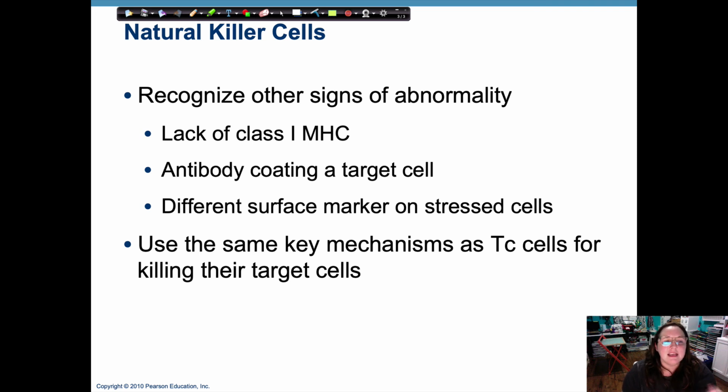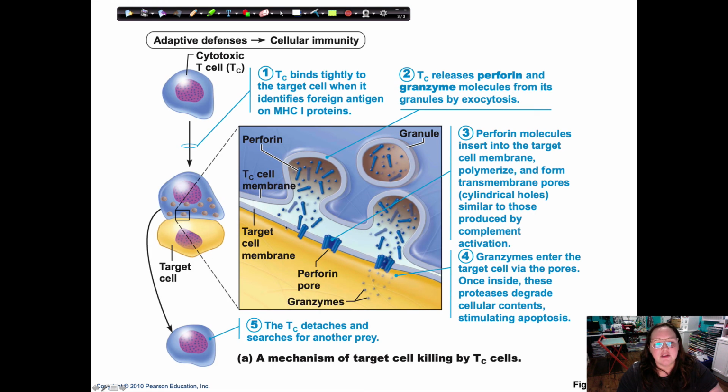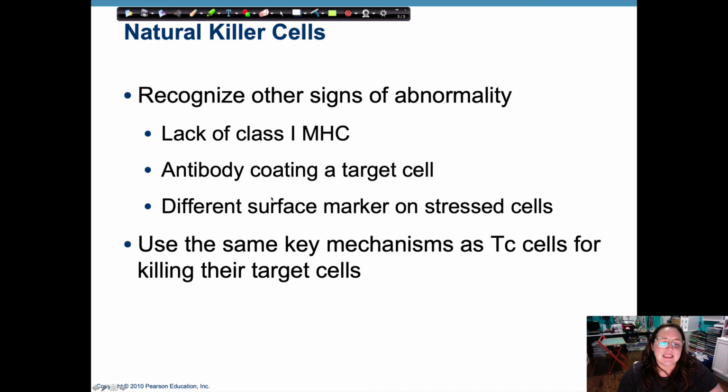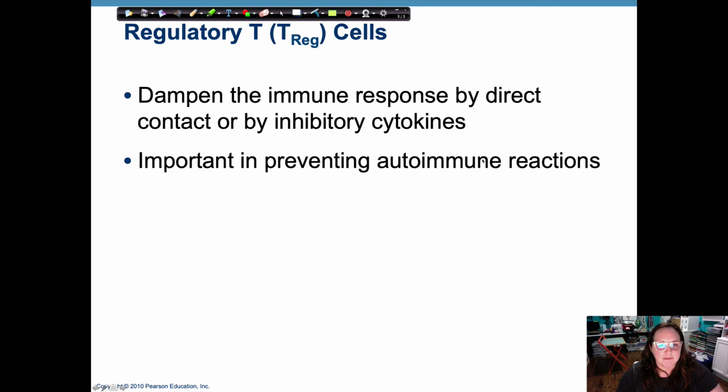The reason I want to refer back to them is because they use the exact same mechanism to kill cells as cytotoxic T cells do. They are going to use perforin and granzymes just like cytotoxic T cells do. The difference is that cytotoxic T cells are looking for a specific antigen, and they're not just bumping into random antigens moving around in the body.